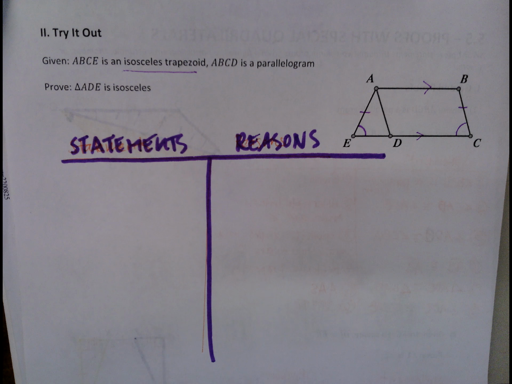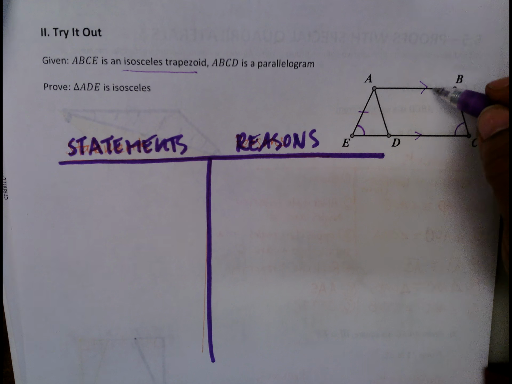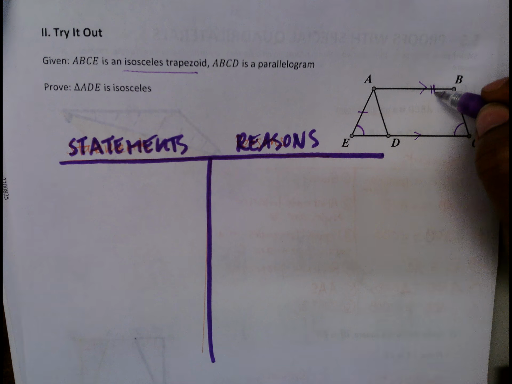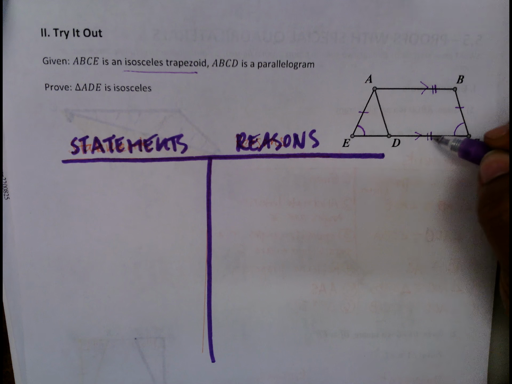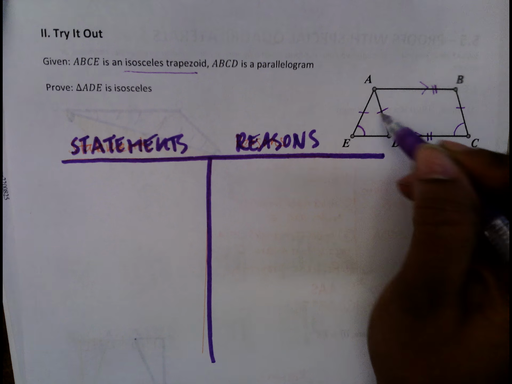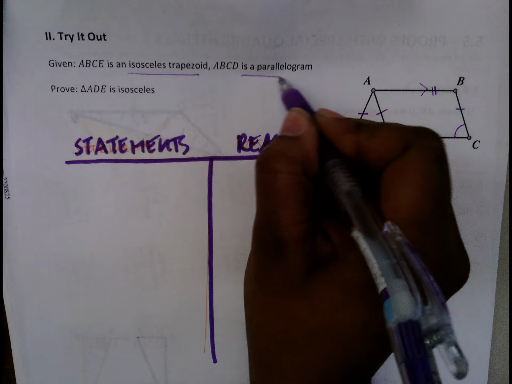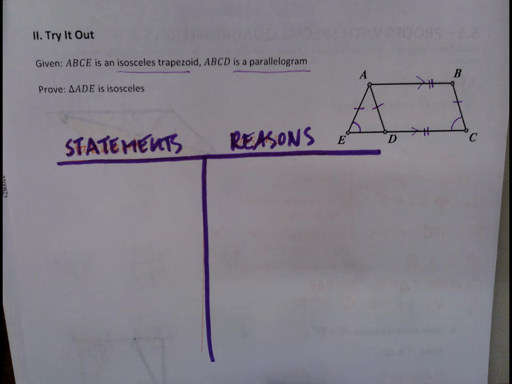So that really indicates to me that these two sides are congruent and that these two sides are congruent, okay? So marking up the diagram always helps you see very clearly the information that's going to help you write the proof. If it's something that you choose not to do, proof writing will be a little bit more difficult. If it is something that you choose to do, it will help you to make your statements, okay?